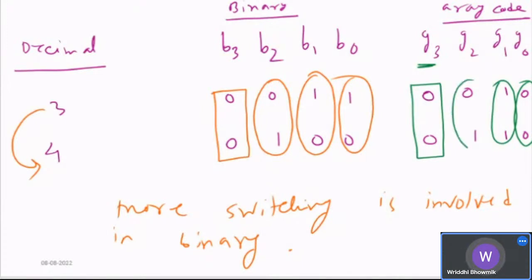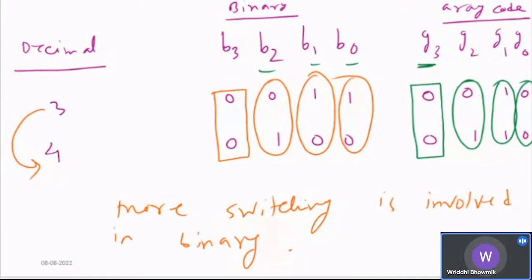Only in case of G2, you have a switching from 0 to 1. So if you compare binary and gray code, when we are switching from 3 to 4, how many switchings are required in binary? 3 switchings in B2, B1, B0 positions. But in gray code, you need only 1 switching in the G2 position.